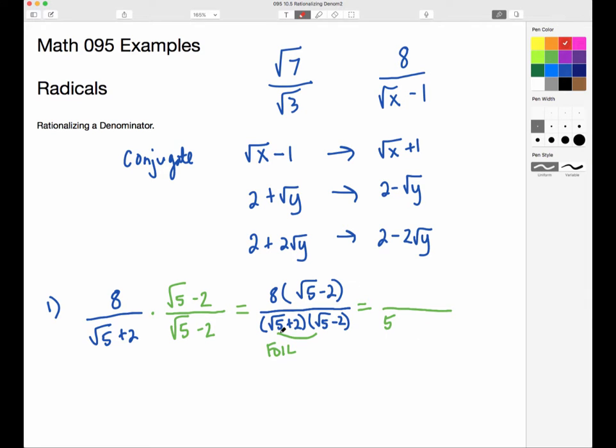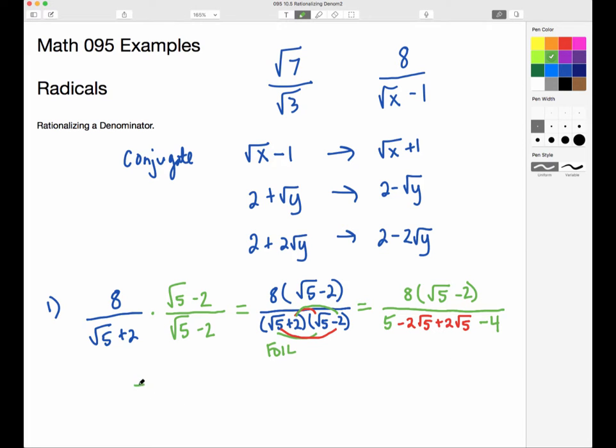Then we'll do the outer, so minus 2 square roots of 5. And then the inner, so we'll add 2 square roots of 5. And lastly, the last: positive 2 times negative 2, so we have a minus 4. And on the numerator, I'm just going to keep this as 8 times the square root of 5 minus 2, and I'll see if I need to change anything later.